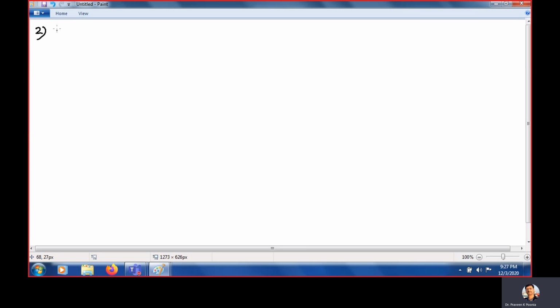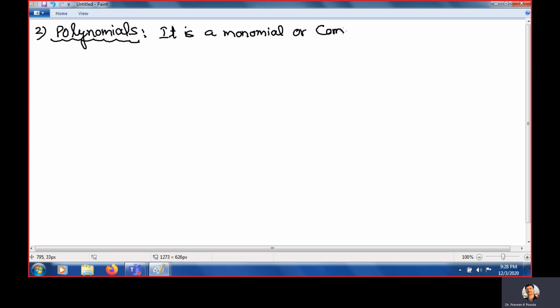Definition number 2 is polynomial. Poly means more than one. So what are polynomials? A polynomial is a monomial, meaning all monomials are also called polynomials, or a combination.